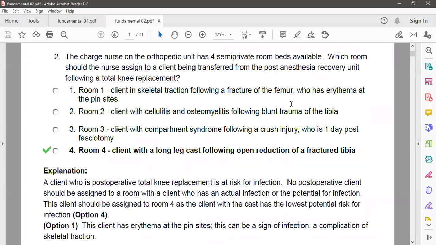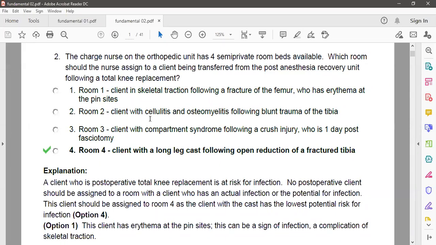The femur is a long bone in the body, and for any kind of fracture we use that traction, right? The client has erythema at the pin site, but we do not know if this erythema is because of infection or not. But we know we do not give the room to someone who has a chance of infection.